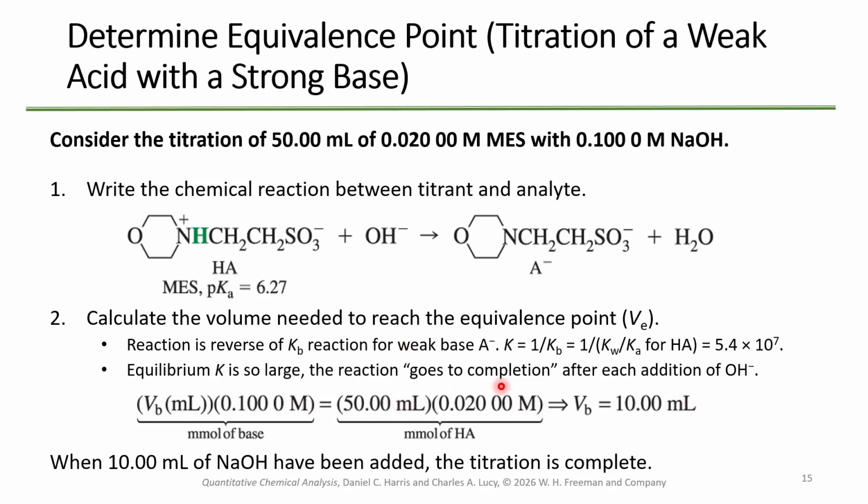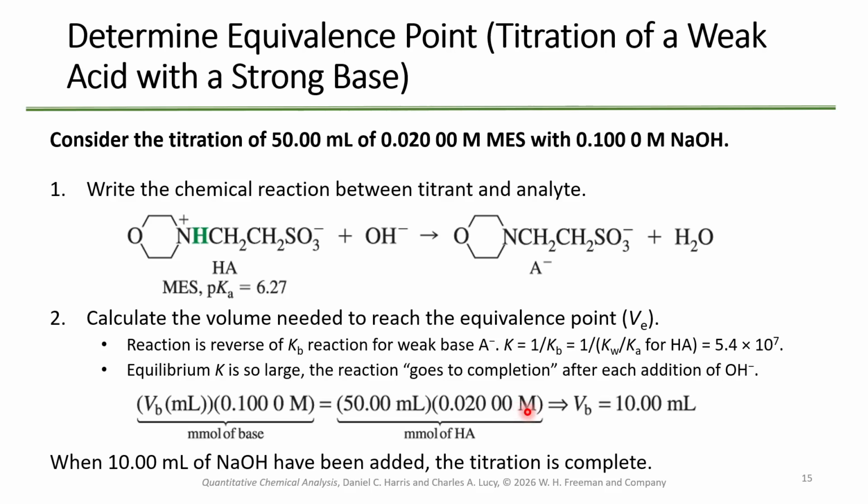And so this does go to completion after the addition of the OH-. And so our millimoles of base here would be this number. Again, that's the volume of the base times 0.1. The volume of the base in this case is the VE, because we're trying to figure out our equilibrium concentration, right? Our equilibrium volume. This right here is going to be the millimoles of the HA.